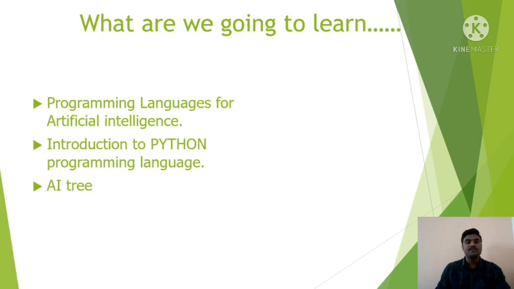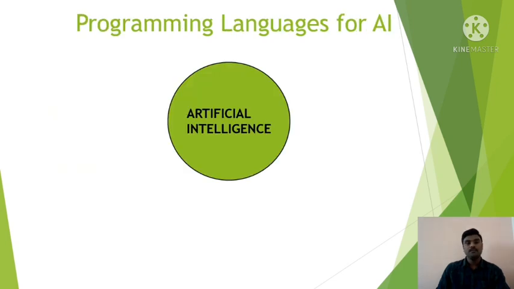So these are all the things we will try to learn today. So, programming languages for AI. There are n numbers of programming languages which can be used for artificial intelligence. So let us see what all programming languages we can use.